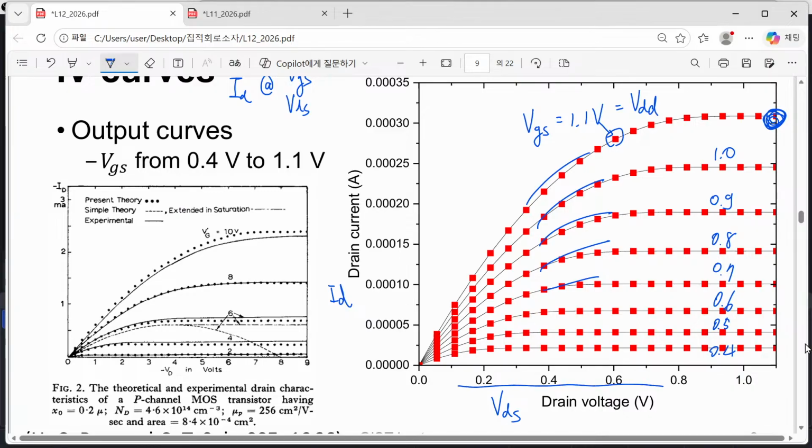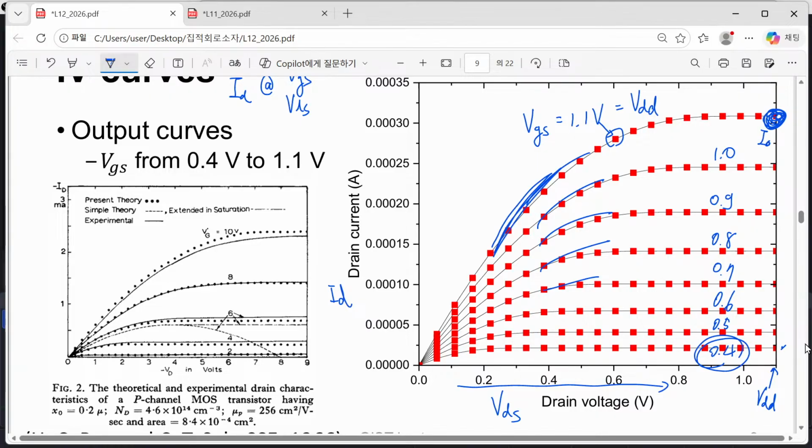This is your drain terminal, and here you have VDD. There are many curves, and among them, this topmost curve corresponds to the case of VGS equal to VDD. So this point is your on current, and compared with it, when you apply 0.4, the current is much lower than the on current.